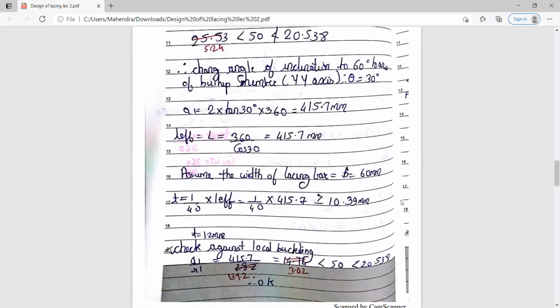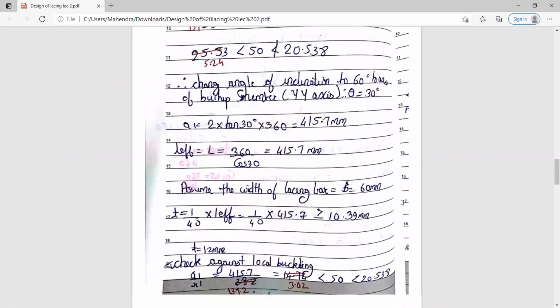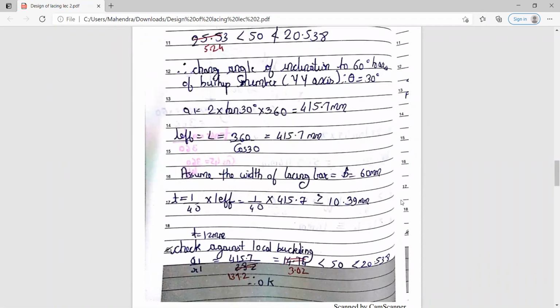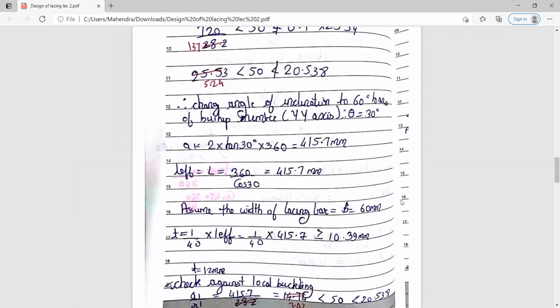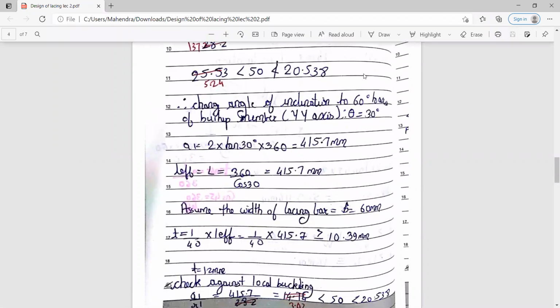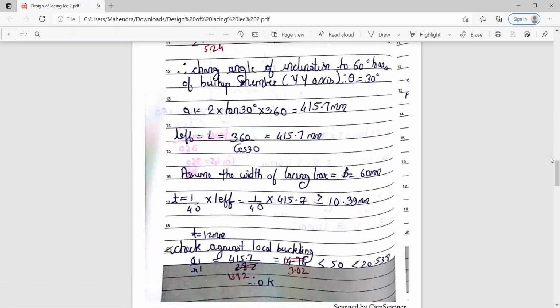Only this A1 by R1 ratio is going to change when you change the values for the L effective. So it doesn't make any difference.